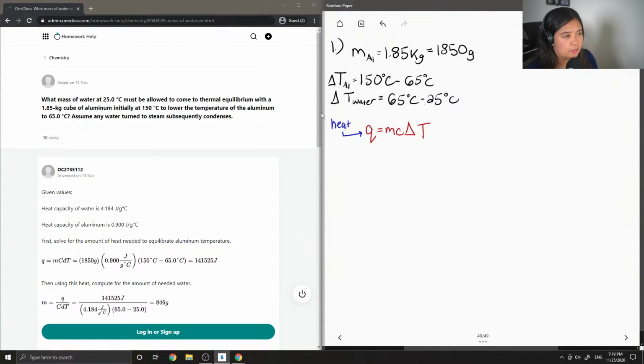Mass was given to us, which is the aluminum, and delta T is what I calculated already. So like I mentioned earlier, we just need C in order to answer this question, which is the specific heat capacity. So this varies depending on the compound that you have.